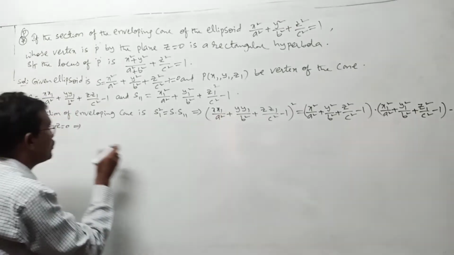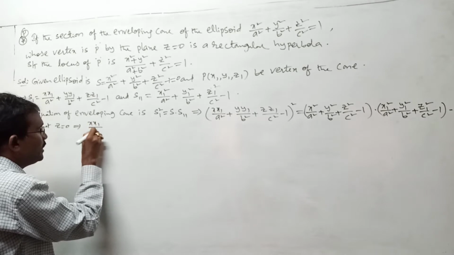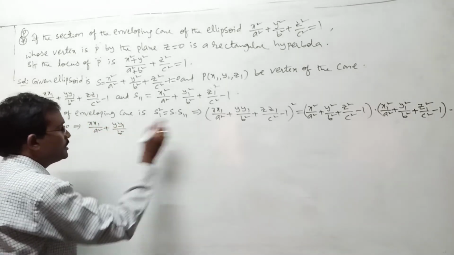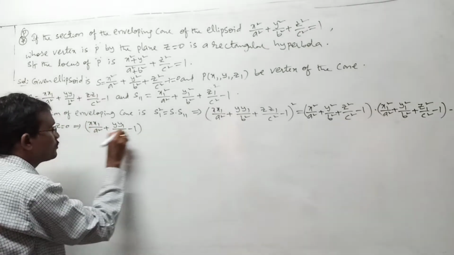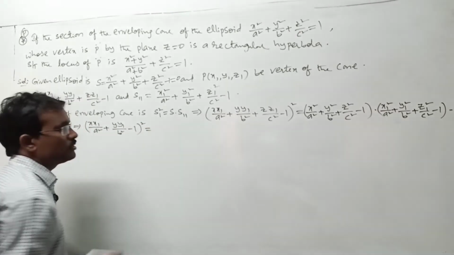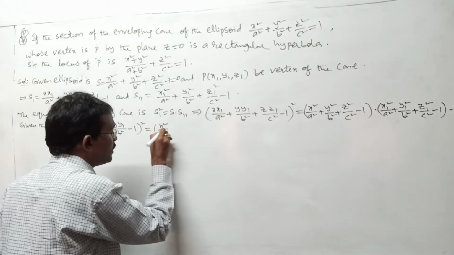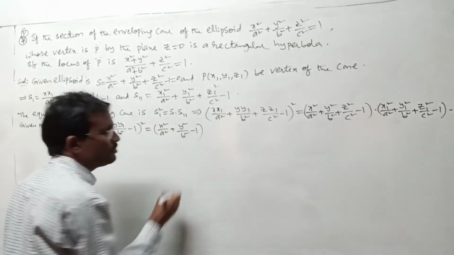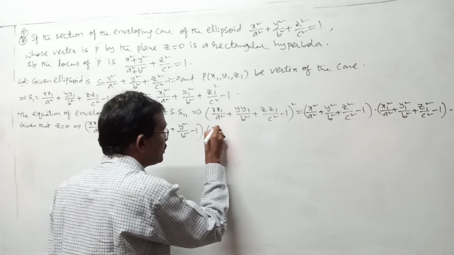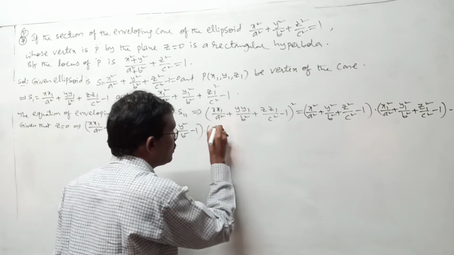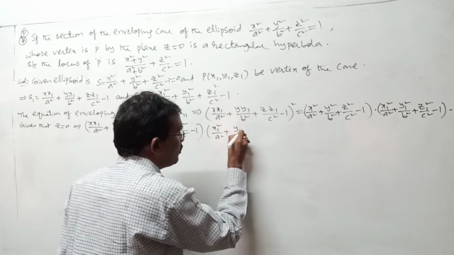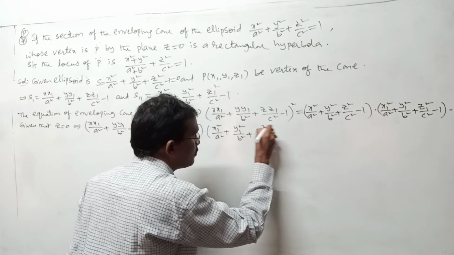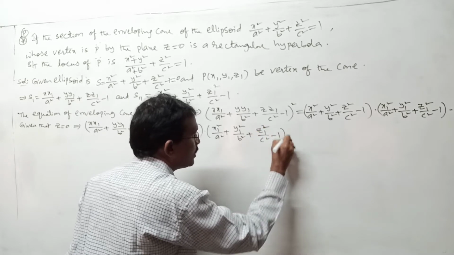This relation reduces to x1 x by a square plus y1 y by b square minus 1, whole square, is equal to x square by a square plus y square by b square minus 1, because z is 0, into the remaining part, which is the same thing: x1 square by a square plus y1 square by b square plus z1 square by c square minus 1.